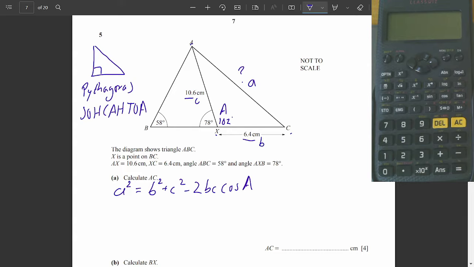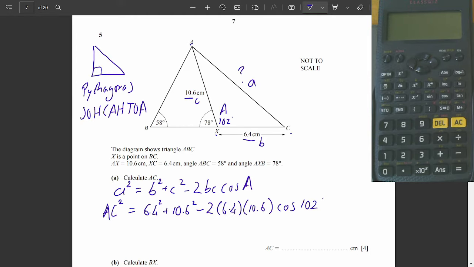A squared will be the side we want to know, which is AC. B is 6.4 squared plus C, 10.6 squared. Once again, if you swap these two around, 6.4 and 10.6, it doesn't matter. You'll still get the right answer. Then it's minus 2, again B and C, times cos A, which we relabeled as 102.